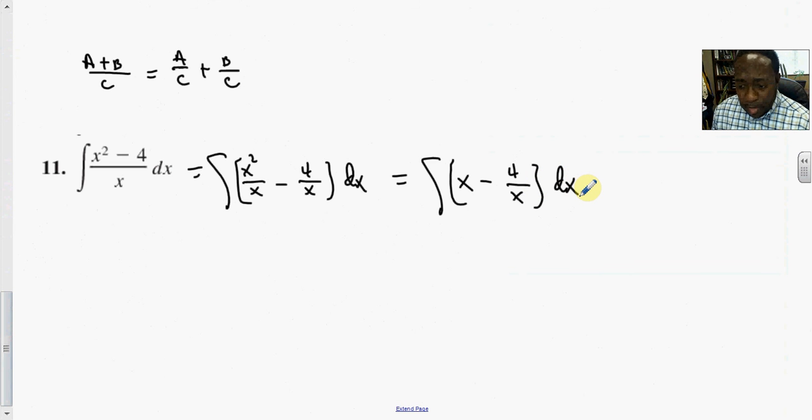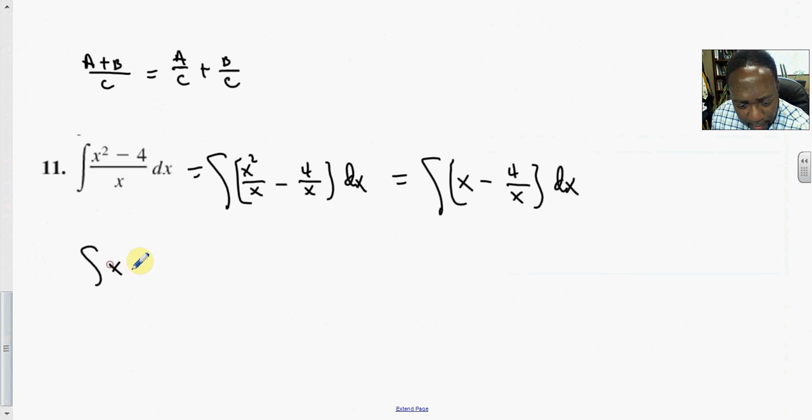Now, if you see the answer, you just integrate x, you get 1/2 x squared, and then this becomes minus 4 natural log of x plus a constant. But I'll break it down. The integral of the difference is the difference of the integrals, right?